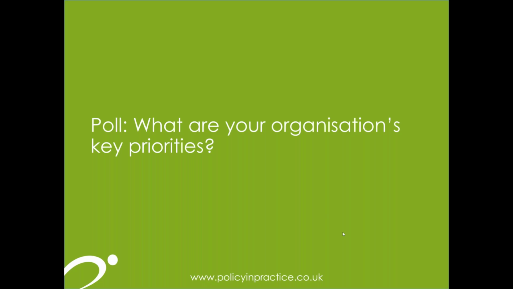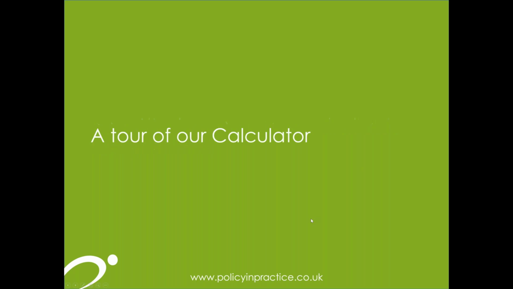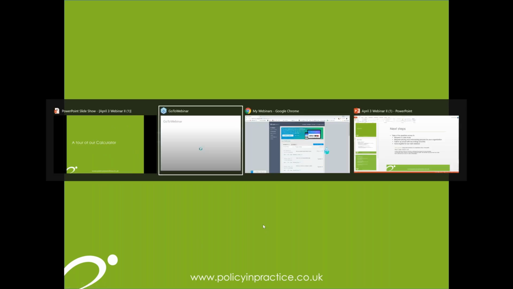We have a bit of a mix here: 50% maximising the income of the people that we help, 50% helping people to sustain their tenancies, 25% helping people into employment or increase hours, and 50% reducing arrears and offering budgeting support. Thank you very much, everyone, for answering the questions. That gives us an idea of how we will take you through the calculator itself.